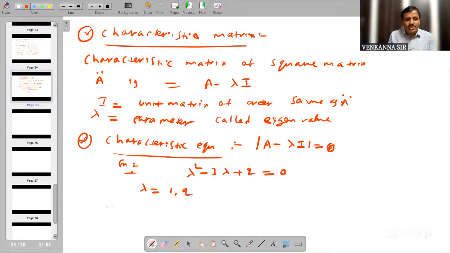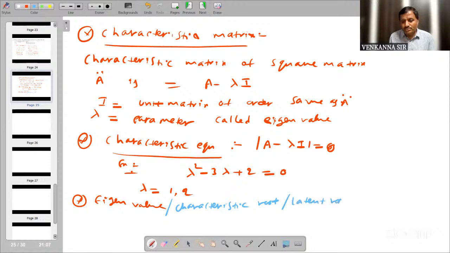Now, what is the next definition? Eigenvalue. Another name for eigenvalue is characteristic root. Another name is latent root. Different names are there: eigenvalue, characteristic root, latent root.